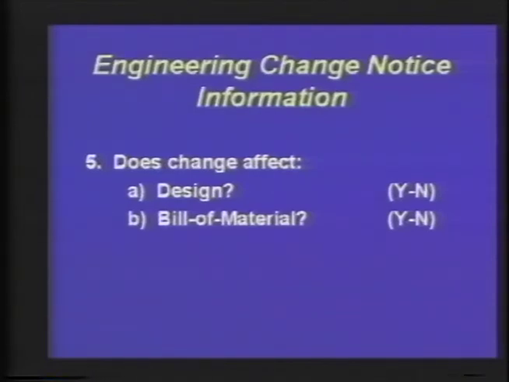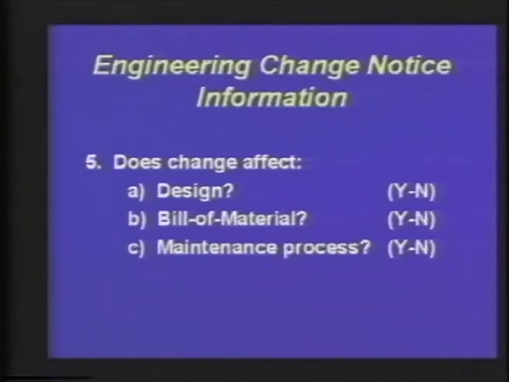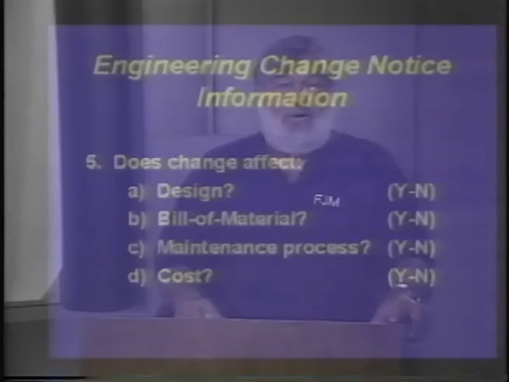Then, will it change the maintenance process itself, or will it change the cost of the item relative to the overhead to maintain the asset? And you could add additional items to item number 5 to tailor it to your requirement.